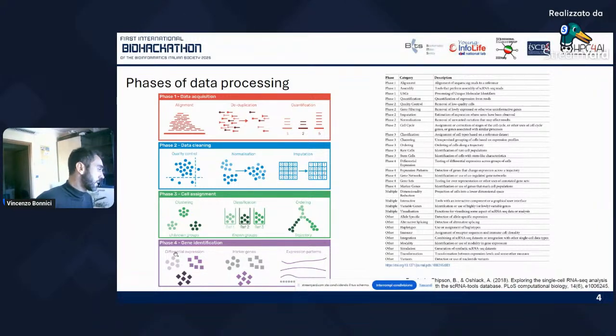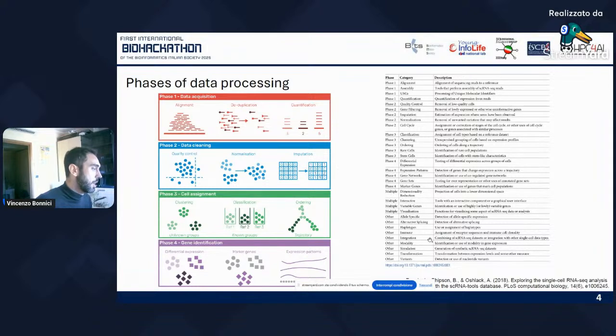And eventually, as we said before, you can run differential expression, you can search for marker genes between different conditions, or you can search for expression patterns that are embedded. For sure, we can imagine as many phases as we want.